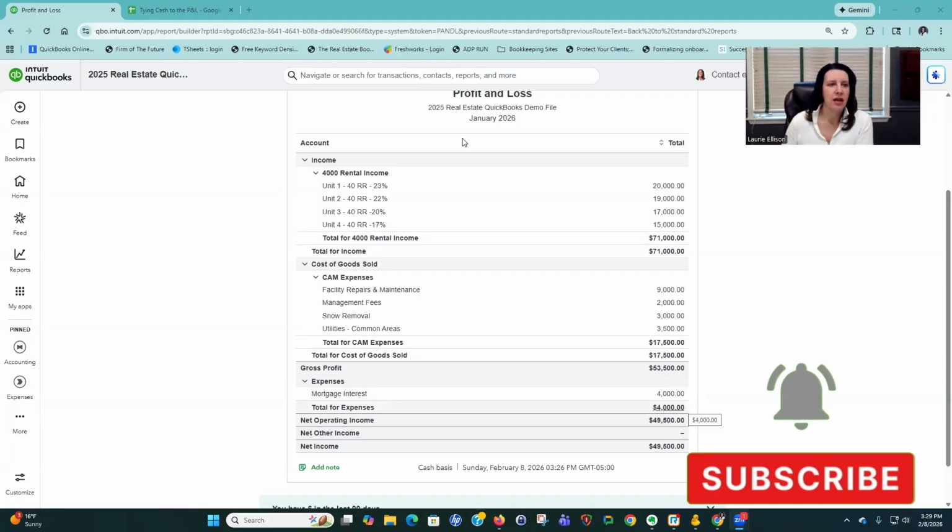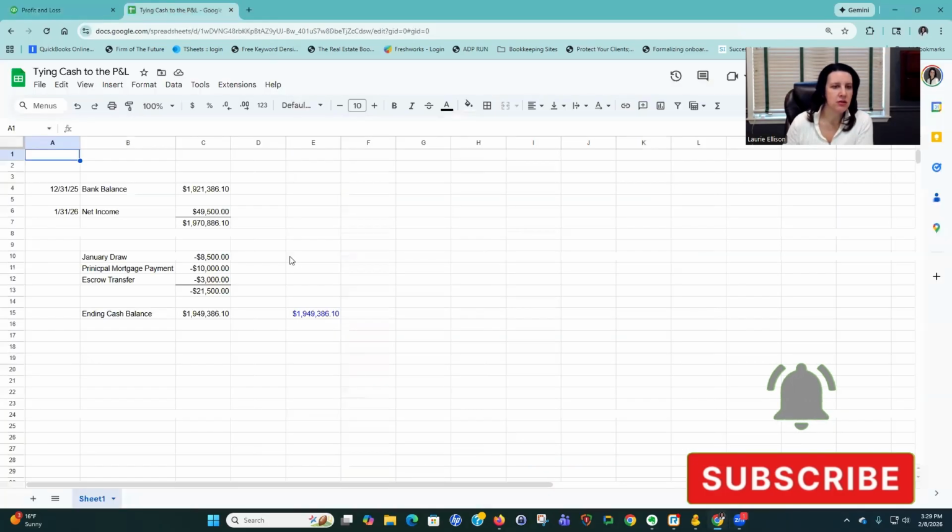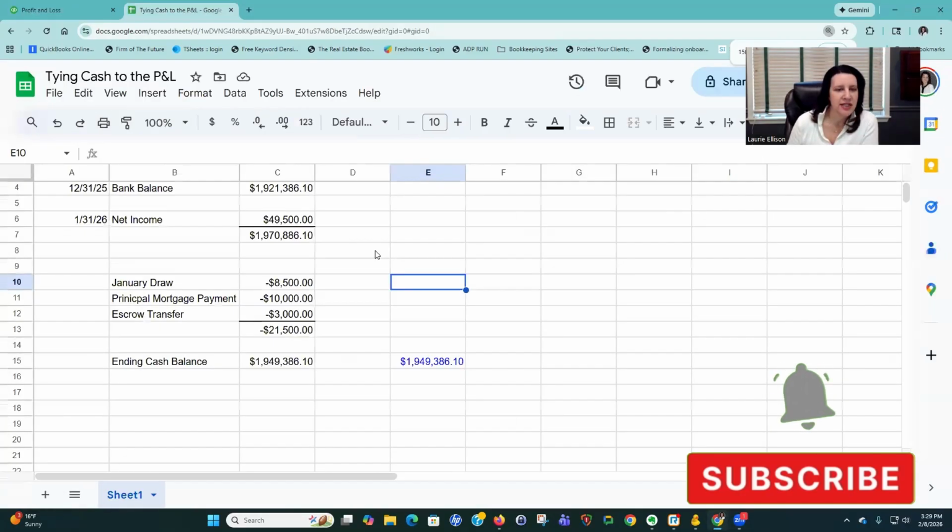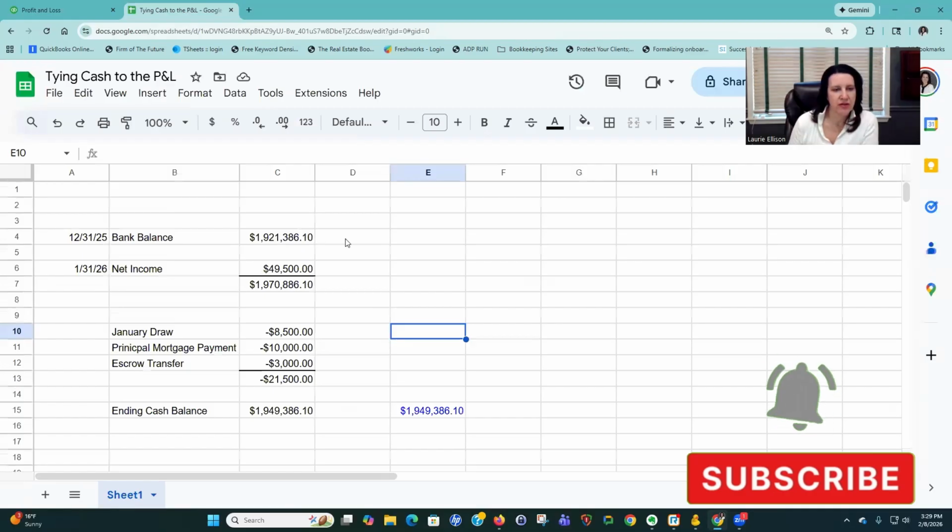So I made a little spreadsheet here to show you. In this instance, our bank balance began with 1.9, and we have this net income of 49, bringing us to the assumed bank balance of 1.97, right?